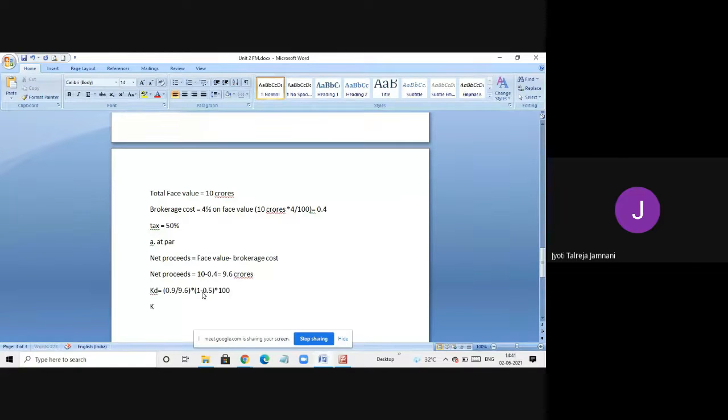Can anybody tell me if you got the answer? 0.9 divided by 9.6 into 0.5 into 100, 4.687.